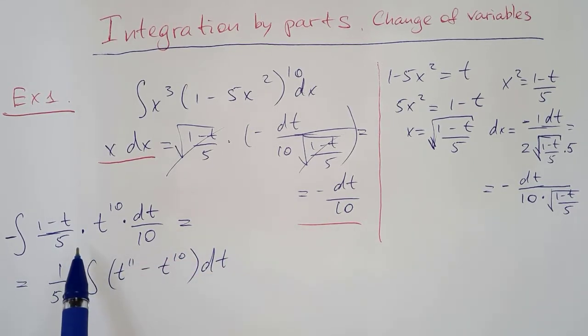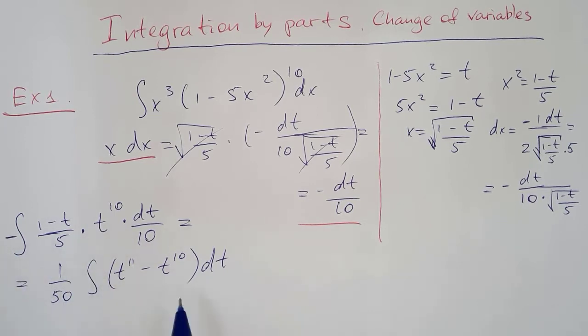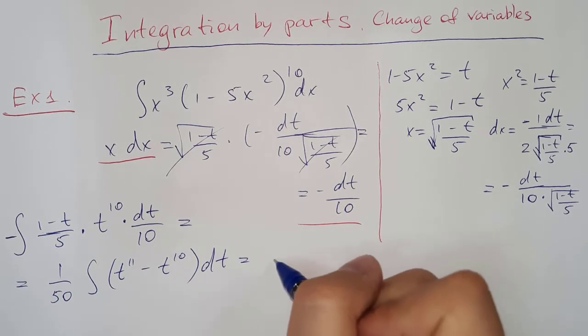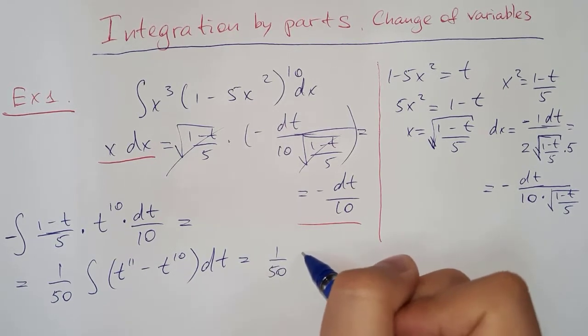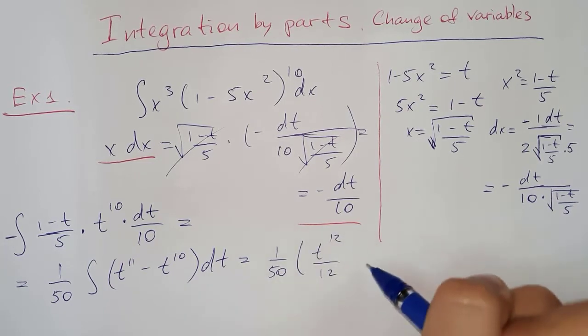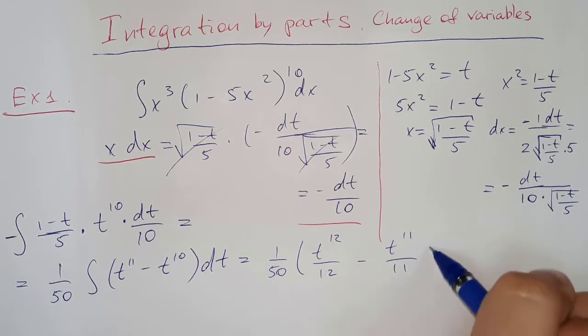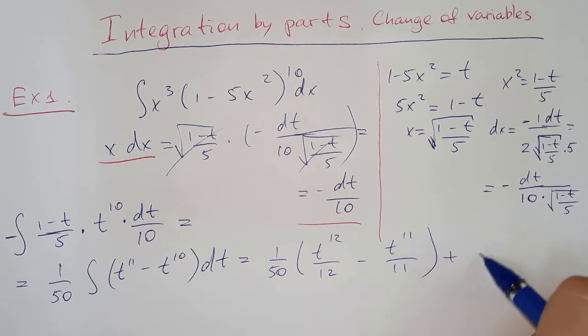It will be again negative, multiplying minus 1 and minus 1, two minuses give us plus. So this is just 1 over 50 times (t to the 11th minus t to the 10th). Continuing, 1 over 50 times (t to the 12th over 12 minus t to the 11th over 11) plus c.